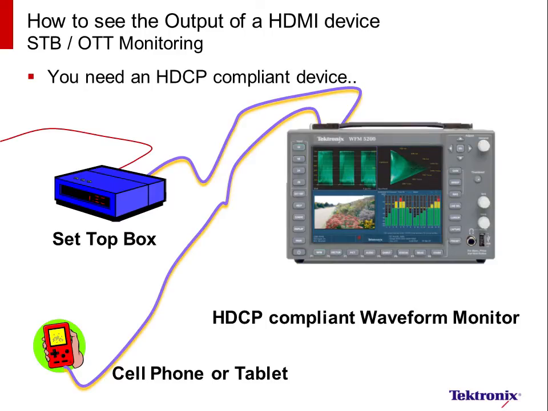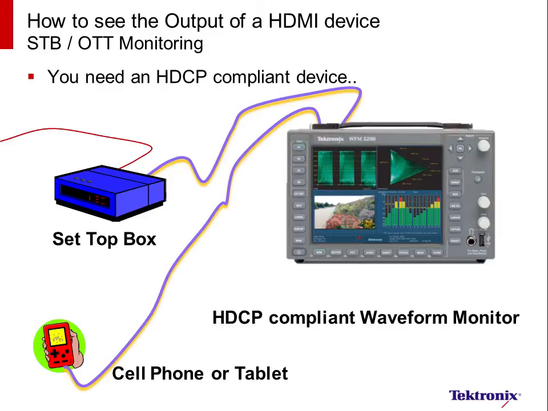So how do we see the output of an HDMI device, a set-top box, or an over-the-top device? We need to have an HDCP compliant monitoring device. If we want to see the output of a set-top box and just be able to view the waveforms in a waveform monitor, the waveform monitor must be an HDCP compliant waveform monitor.